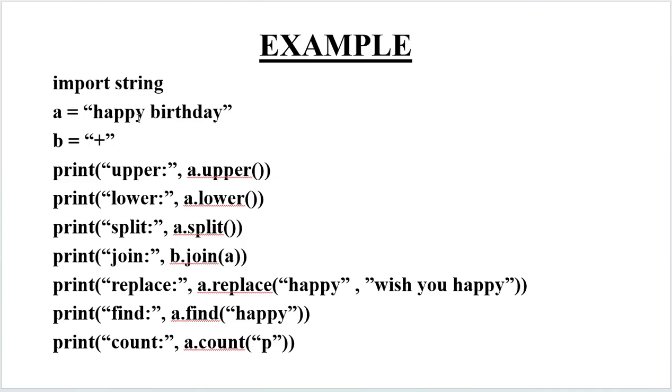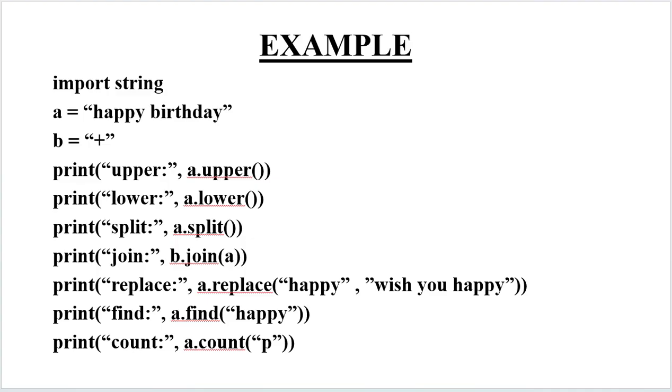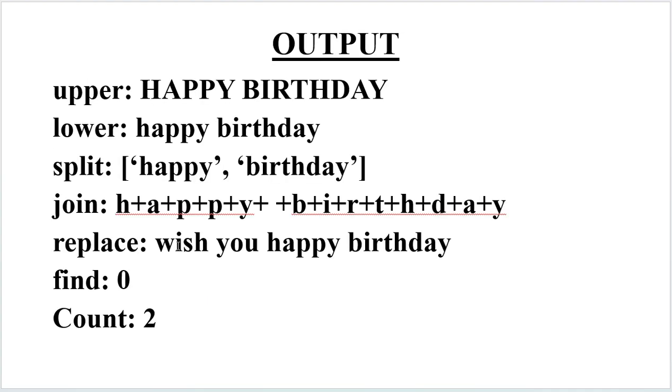P occurred two times, so 2 will be printed. This is an example, and if you want to see the output, you can see it over here. This is the corresponding output for the previous program, so you can cross check it. Okay, thank you so much.